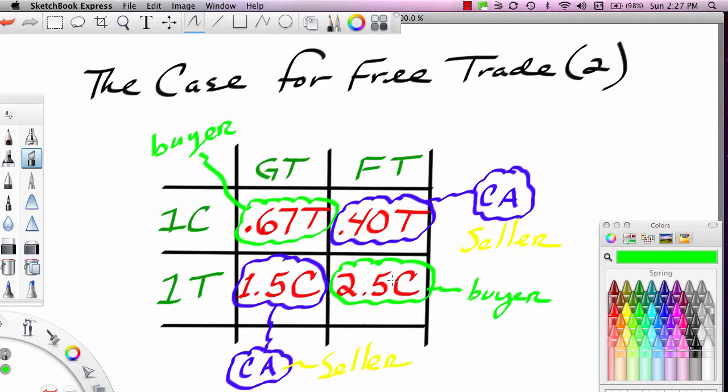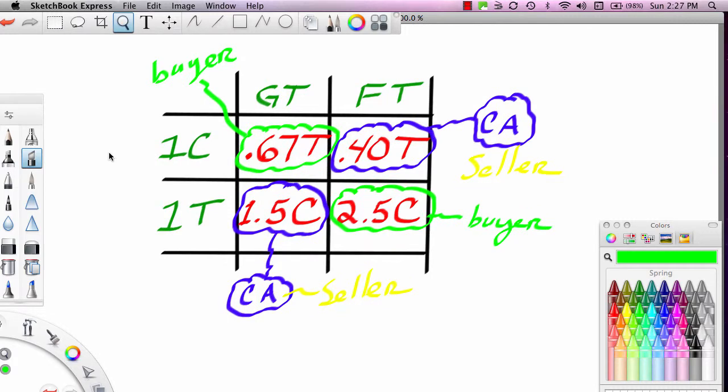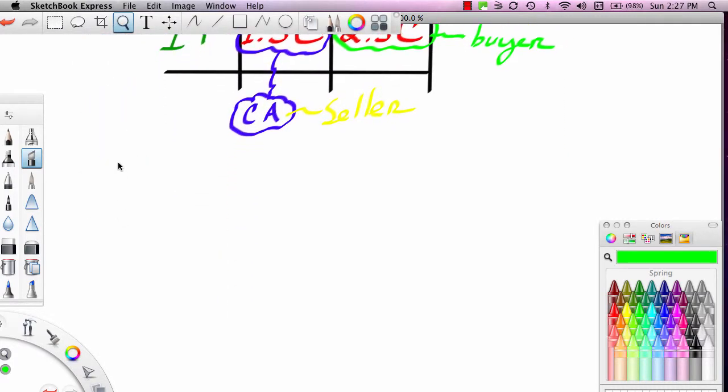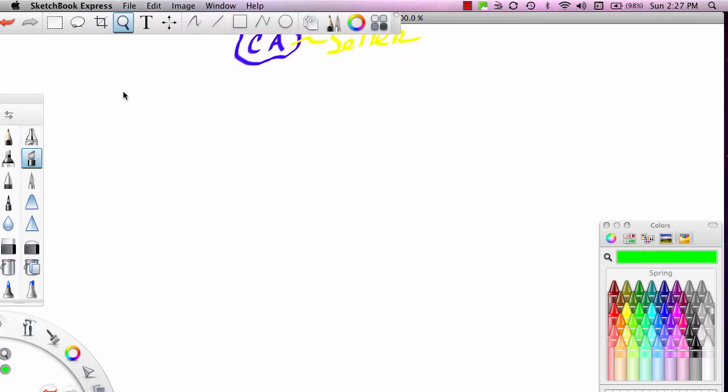Now I'm going to move this image up so I can continue to write, and let me do that very quickly. What we're going to see here is that we can develop a trading zone for each product. In other words, based on comparative advantage, there will be a seller and a buyer, and there will be a trading zone in which those two parties can operate.